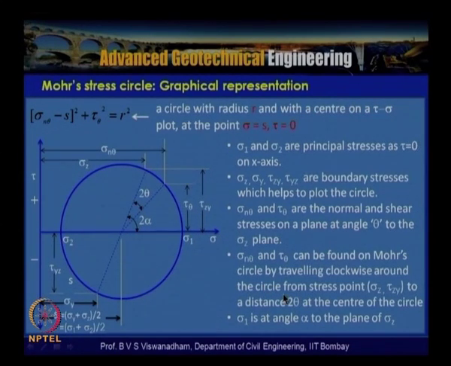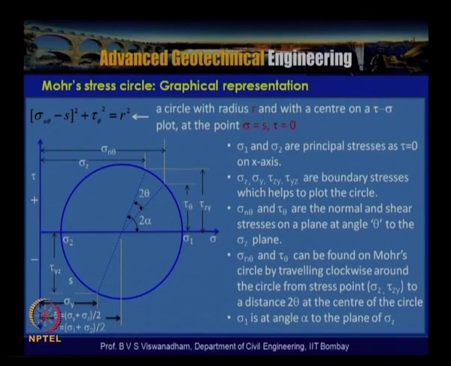So this is represented in the graphical form like this. When you interpret the graphical form, the number of unknown parameters can be reduced. So this is the circle with radius r, with its center on tau-sigma plotted at the point sigma is equal to s and tau is equal to 0.